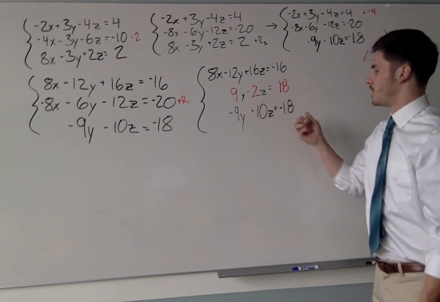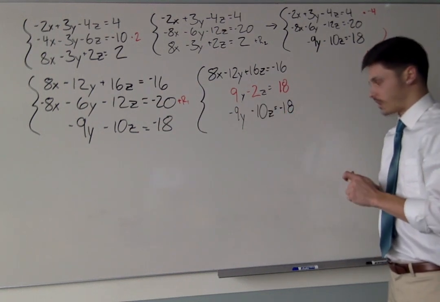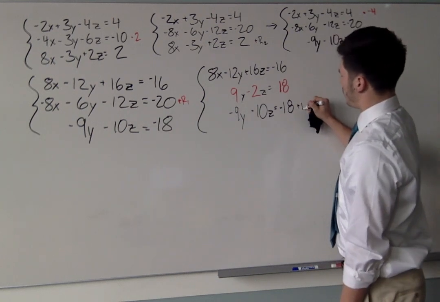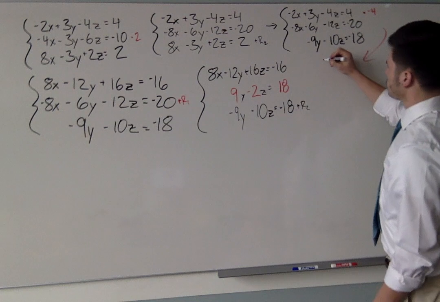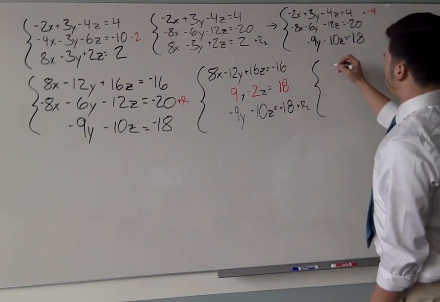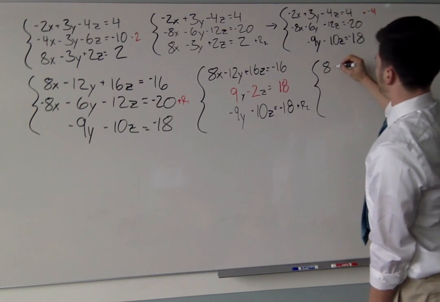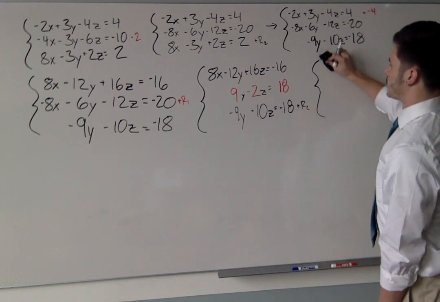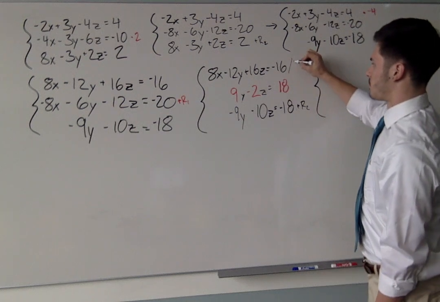So this one, very easy to eliminate this y term here. Just going to add R2, and that'll give us, and actually on the way over I'm going to divide this top row by 4 so that we have a simpler equation.